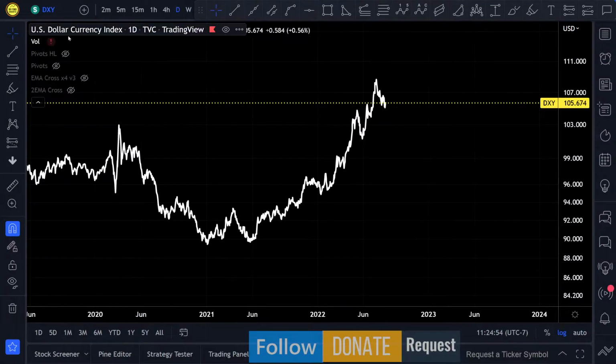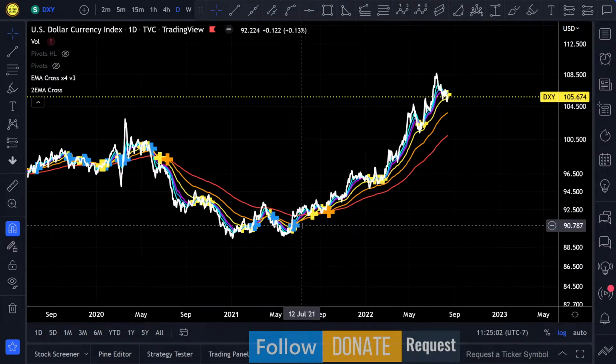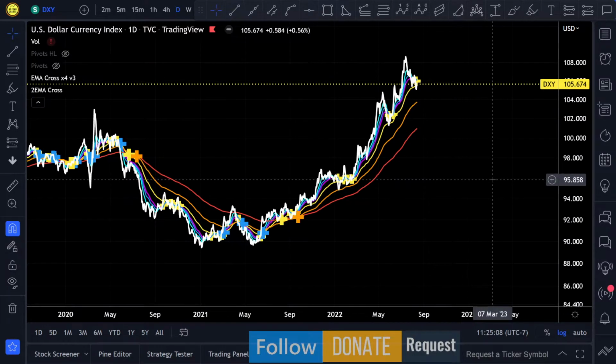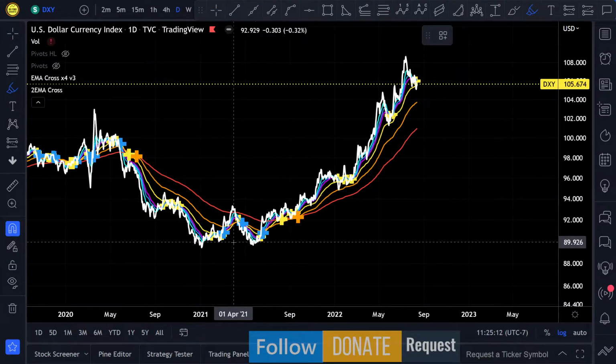DXY, this is the US dollar currency index. It has been in an uptrend for about a year. This kind of has inverse correlation with the stock market.